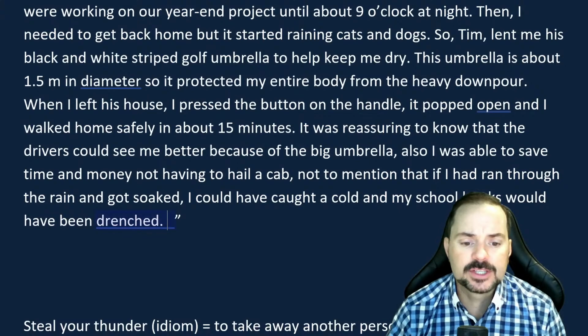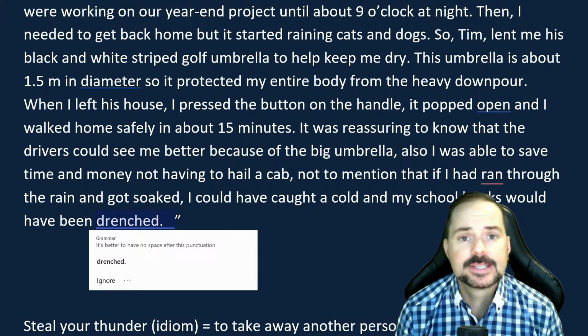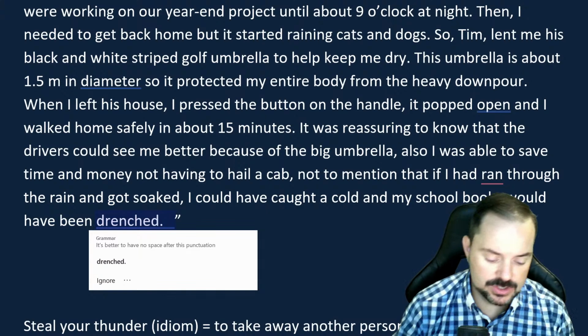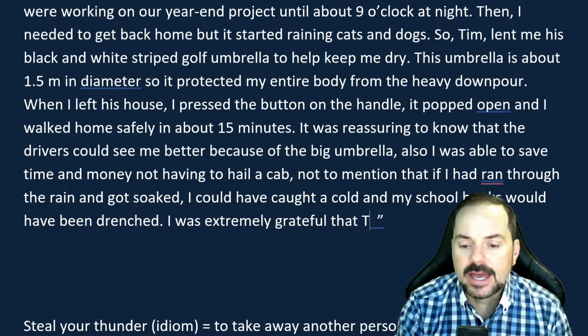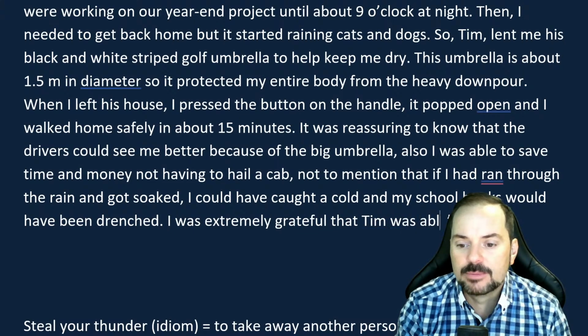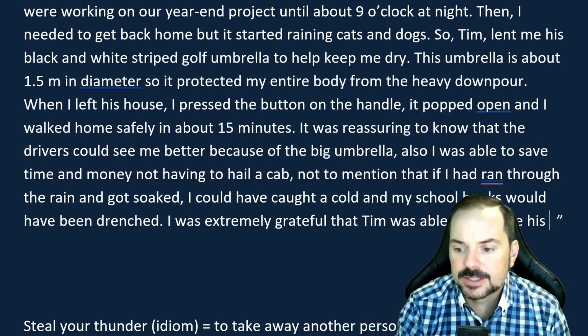And you can do it like this. When you borrow an item, what happens? In the end, you give it back, right? So I was extremely grateful that Tim was able to lend me his umbrella.